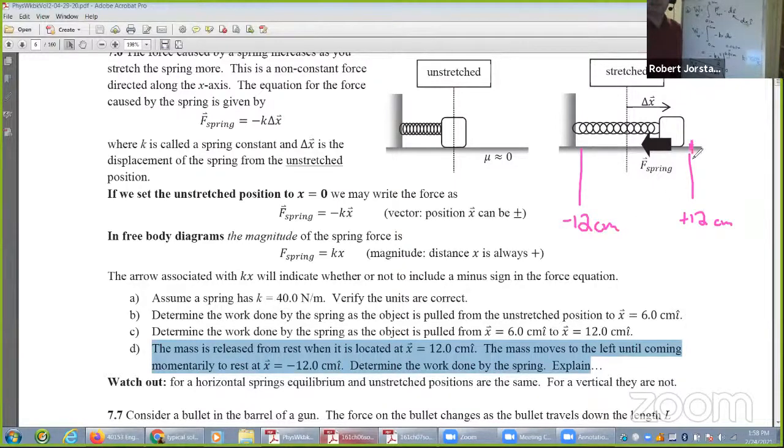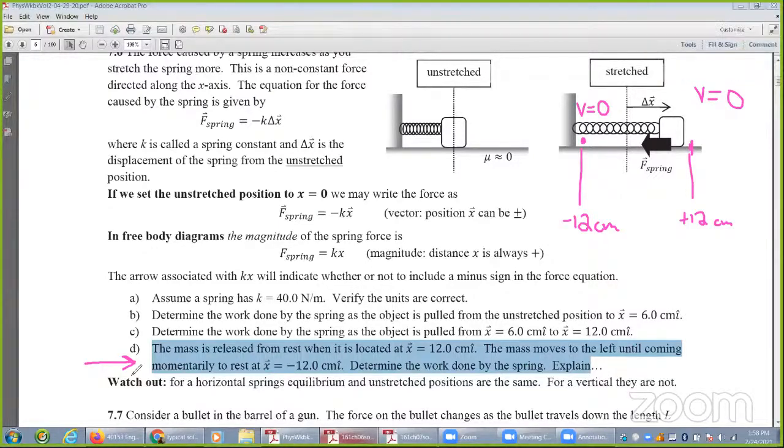If you release it from this point at rest, its initial velocity is 0. Its initial speed is also 0. When it gets over here to 12, what is its speed going to be? Also 0. It's sort of like the pendulum we saw in the lab, right? When you swing a pendulum back and forth, it stops for a split second at the endpoints. From this information, tell me right now, what is the work done by that spring as you go from positive 12 to negative 12? Take a guess.